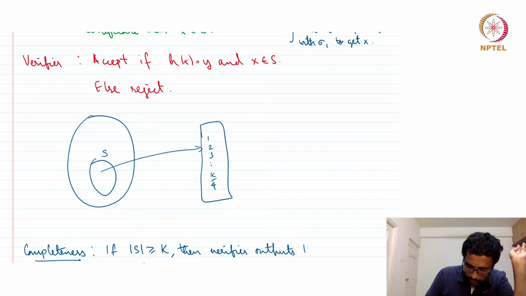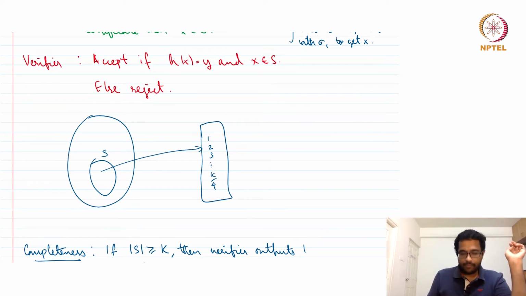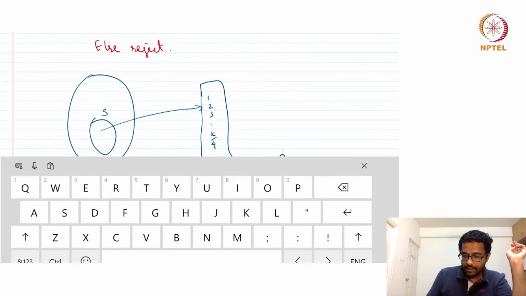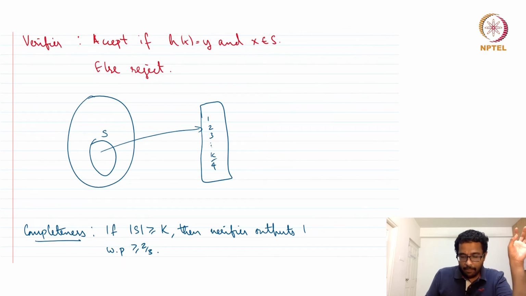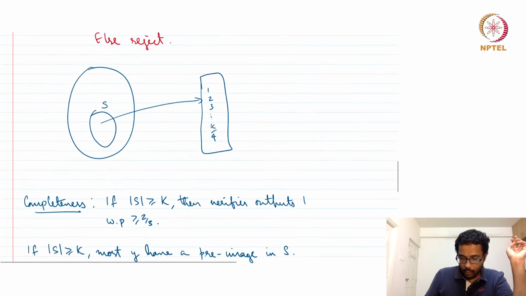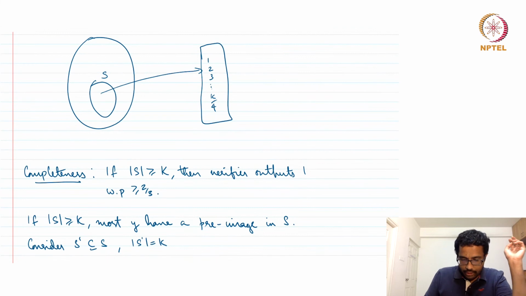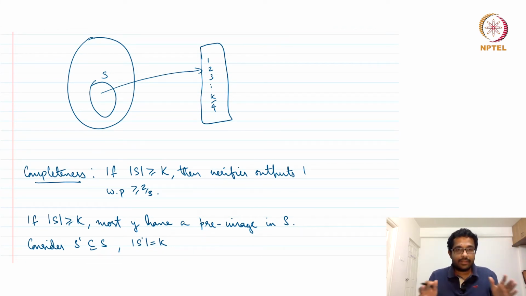Now how likely is the prover able to find a pre-image of y? So let's say the completeness. Completeness means it's a yes instance, which means the graphs are non-isomorphic, in which case the set S is large. So it's S of size at least k.